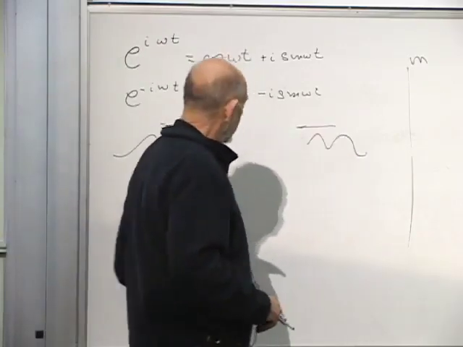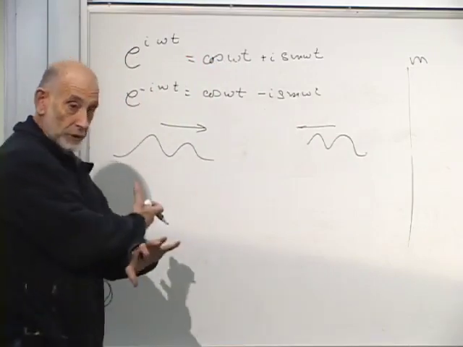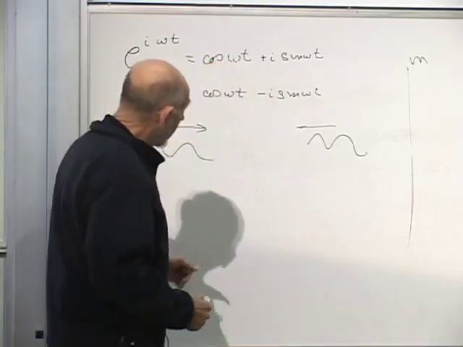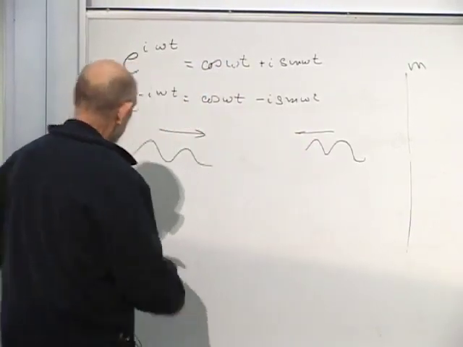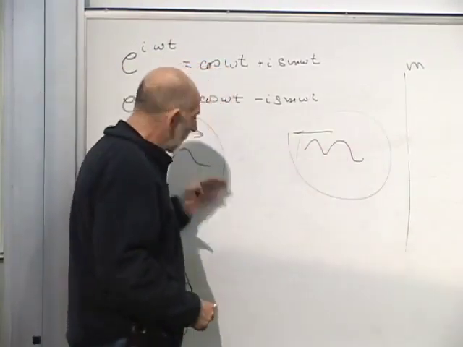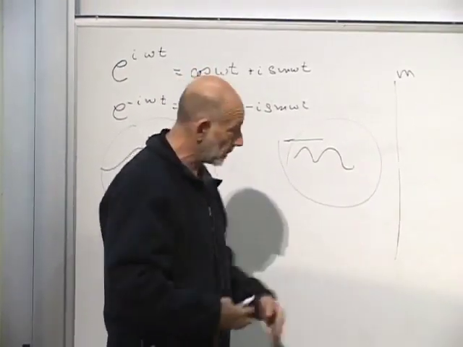If the equations of motion are linear, they will just go right through each other. That's the nature of linear equations. Each is a certain solution, and the sum of the two solutions is just the two wave packets coming at each other.